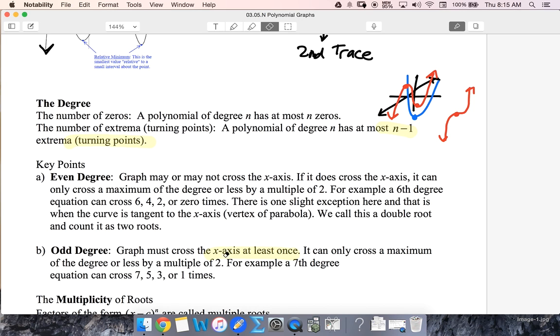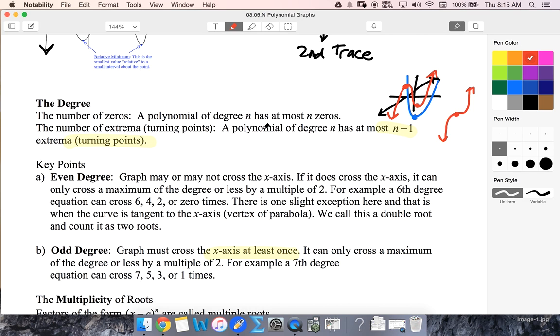So thinking about a 7th degree polynomial, that could cross the x-axis 7 times, 5 times, 3 times, or 1 time. And when we're really talking about crossing here, if I think about one way to draw my cubic, I could draw a cubic to look like this.